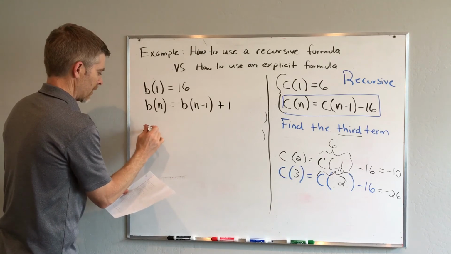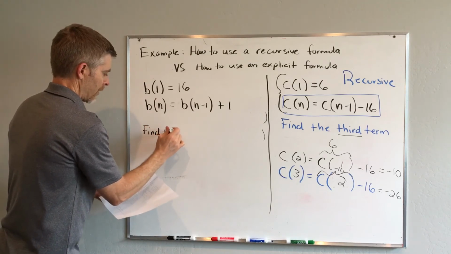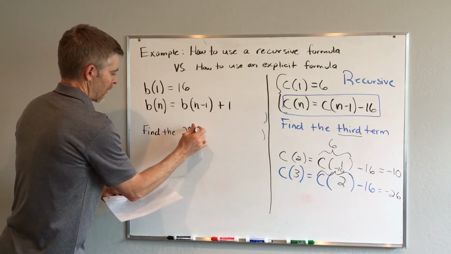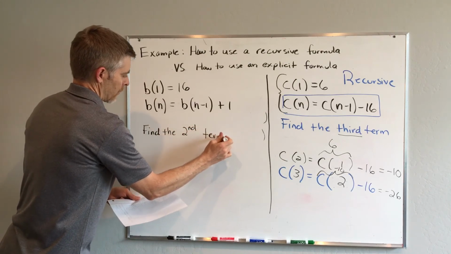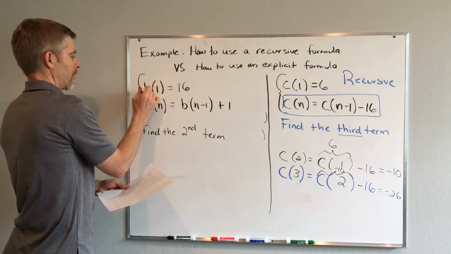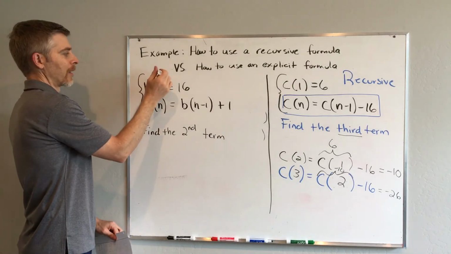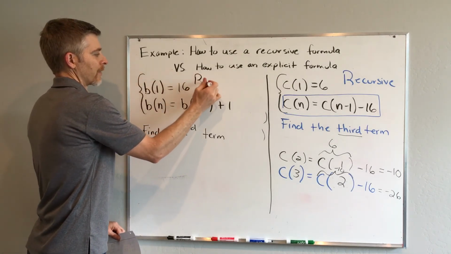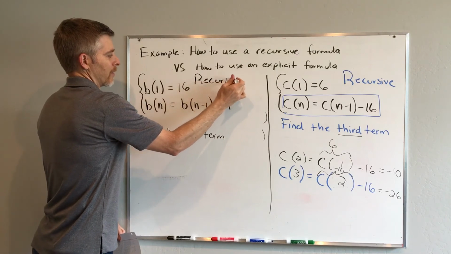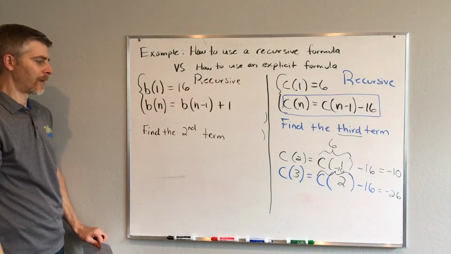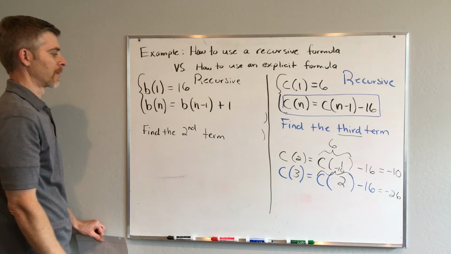And then it says find the second term. And those are in brackets. That's a dead giveaway that we are doing a recursive formula. Okay, find the second term.